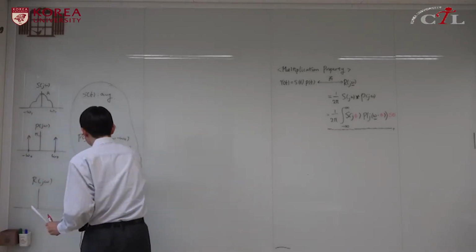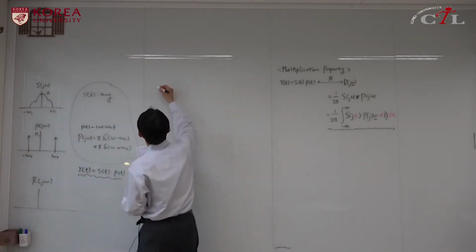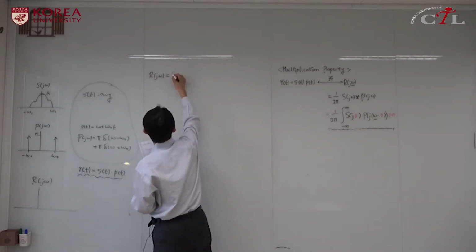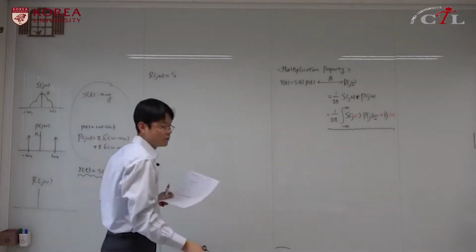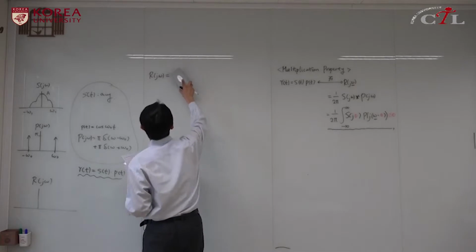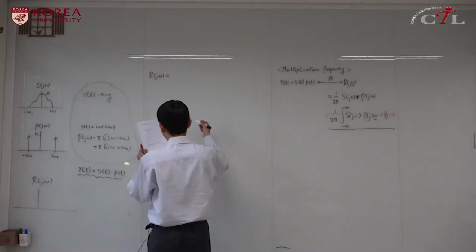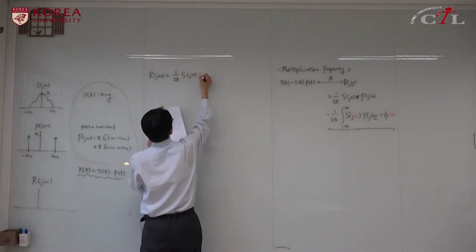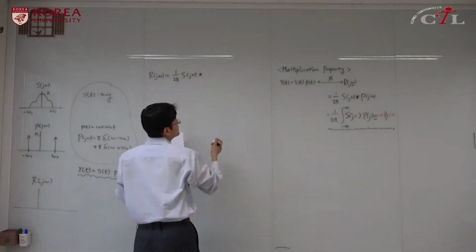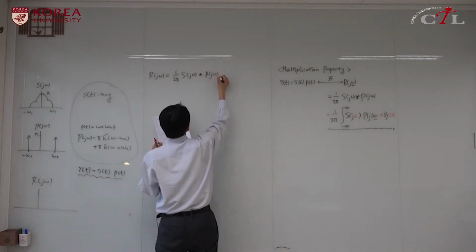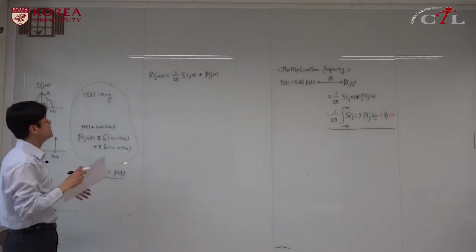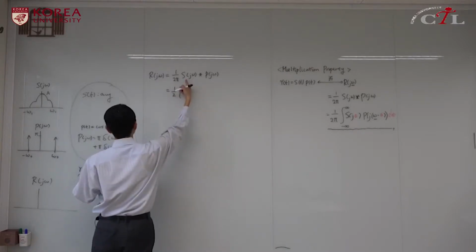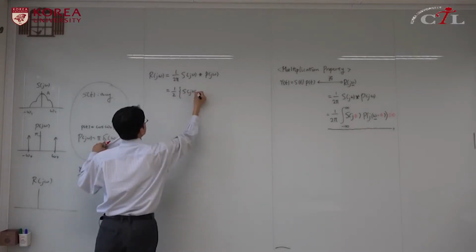So if r(t) is given in this form, then R(jω) is 1 over 2π times the convolution of S(jω) and P(jω). Now P(jω) is given in this form, so π drops, so half S(jω) convolution.